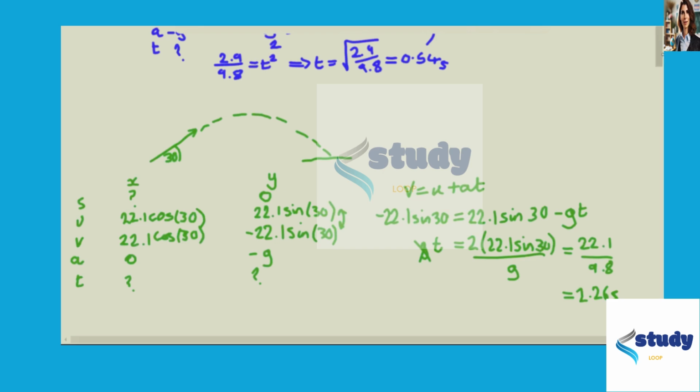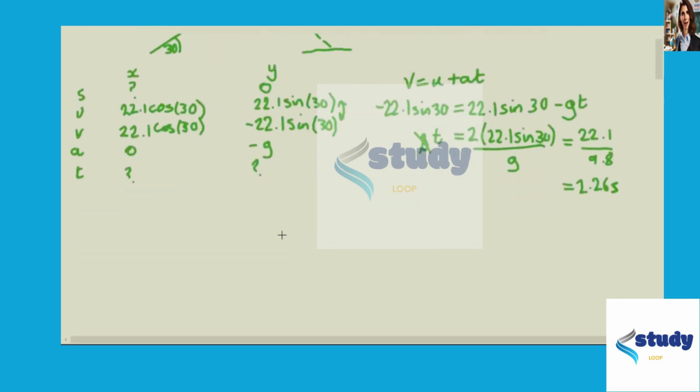Okay, we're very close to solving now, because the next thing that we have to do is figure out how long our flight is. So we now go in the horizontal direction. We substitute this time, and we say that our distance horizontally is simply going to be equal to our velocity horizontally multiplied by the time it takes.